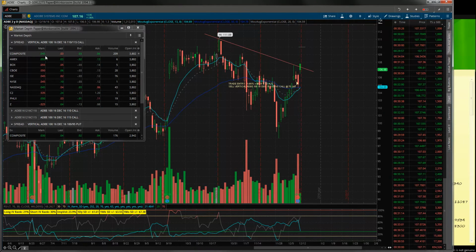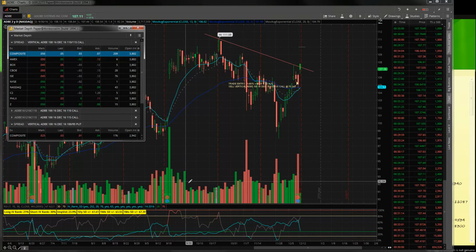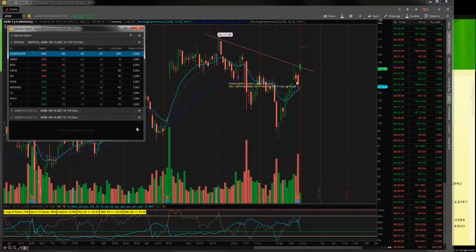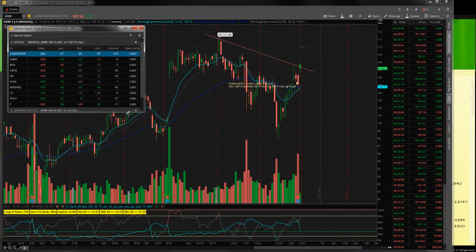The spread's worth 4 cents. I did just see that flash at 2 cents. Like I was saying yesterday, I'm not even really caring too much about the direction.